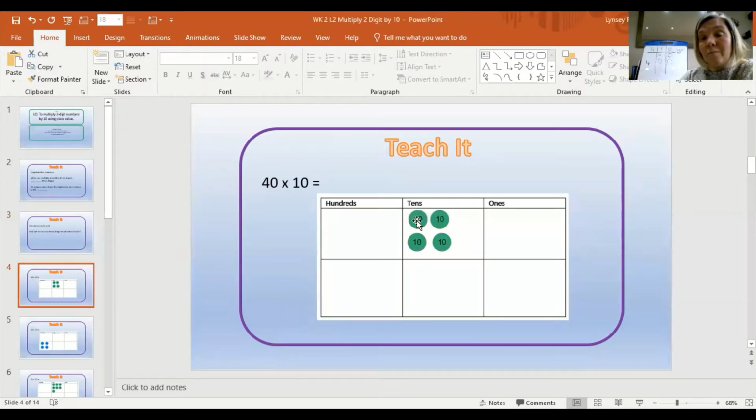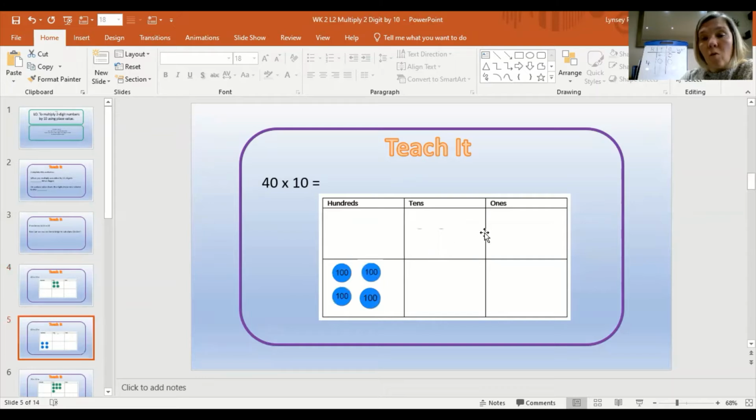Each one of those has been multiplied by 10. And we know that 10 times 10 is 100. So they all move into our hundreds column. I've got nothing in my tens anymore, and I've got nothing in my ones column. But if we're writing these with digits, they both need to have zeros, don't they?